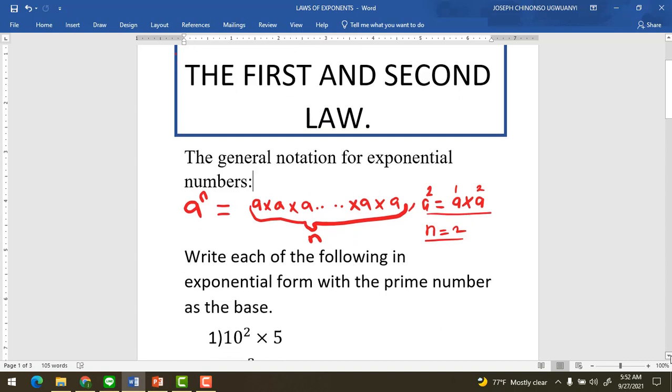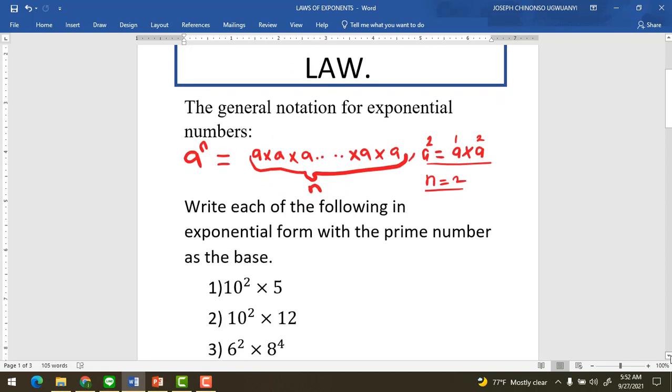Now the next thing we shall learn is how to write a number in exponential form with prime numbers as the base. First of all, what is a prime number? A prime number is a natural number that is not a product of two smaller numbers.